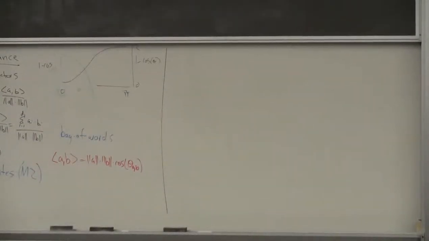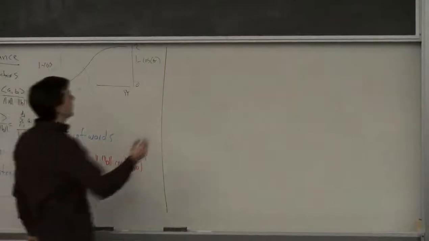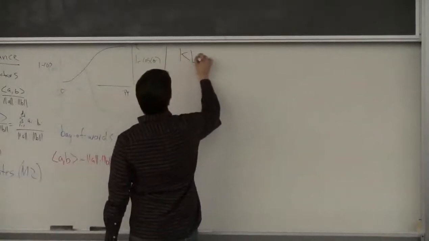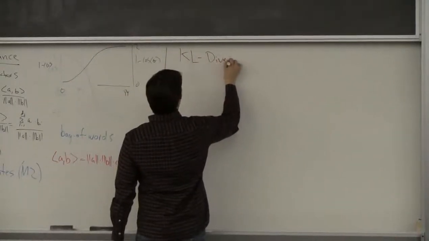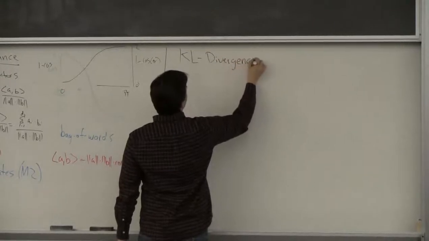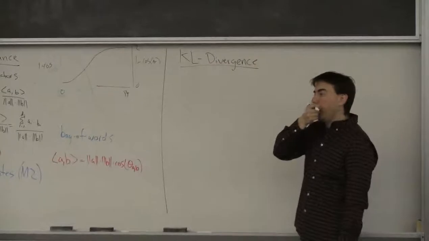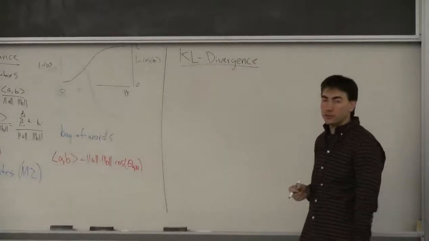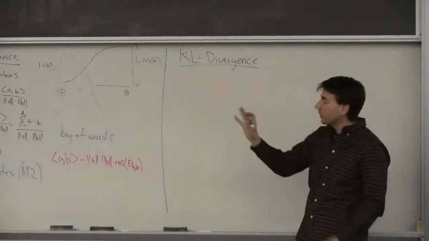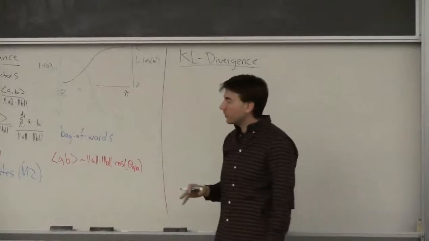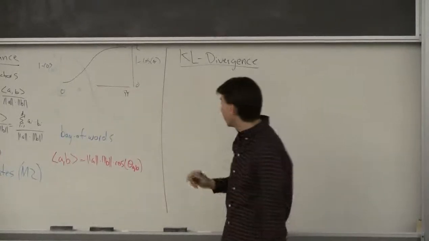So a different way of measuring the distance between vectors is what's called the KL divergence. The KL divergence is also not going to be a metric, but is going to be a way of thinking about these high-dimensional points.